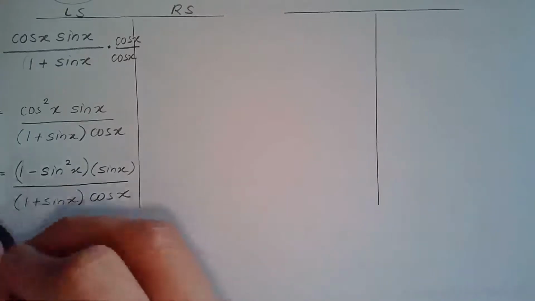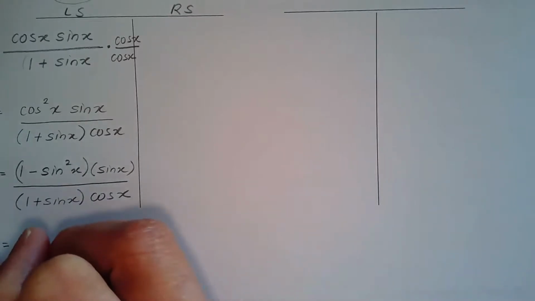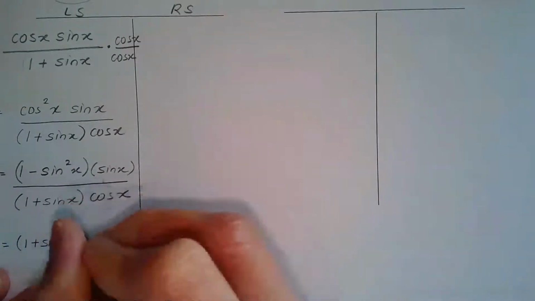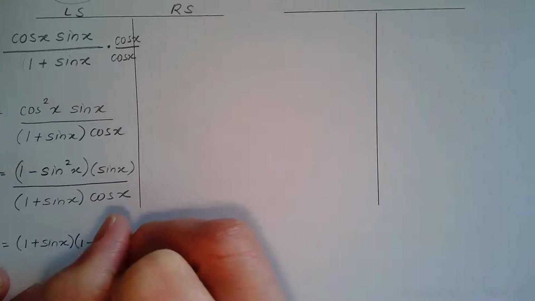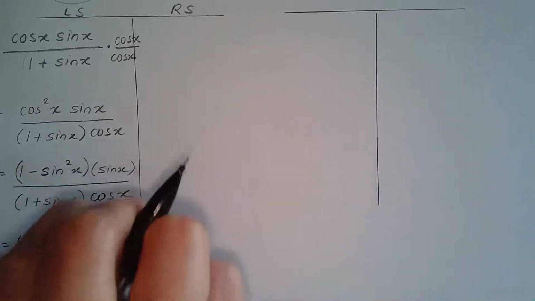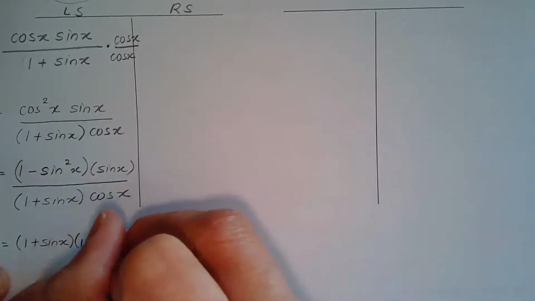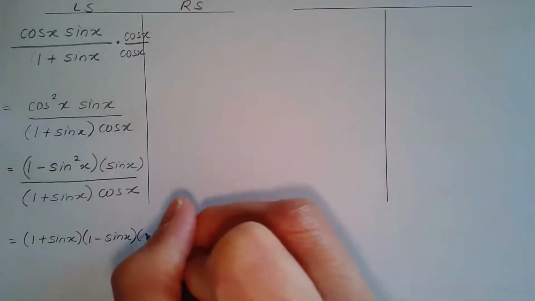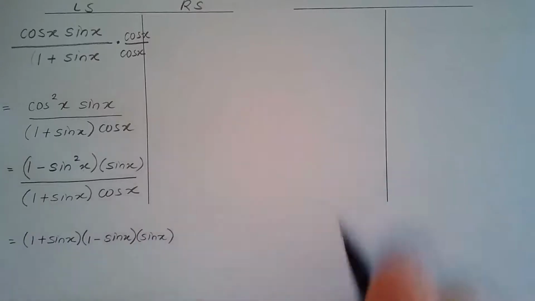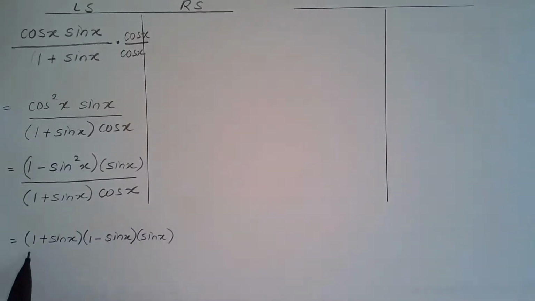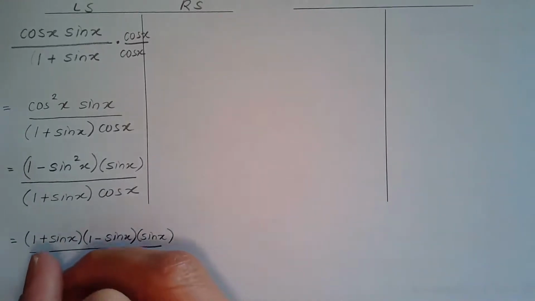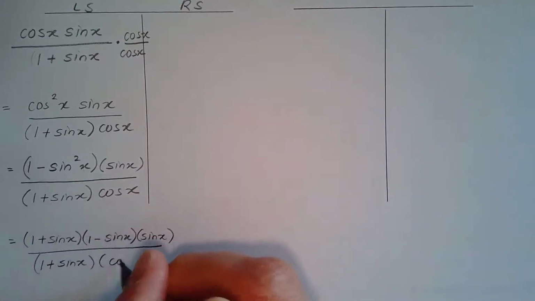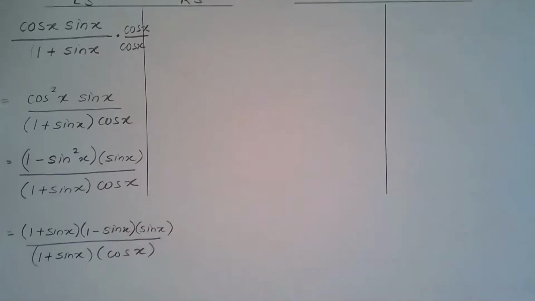Because this is a difference of squares, I can change it to 1 plus sine of x times 1 minus sine of x times sine of x, divided by 1 plus sine of x times cos of x.